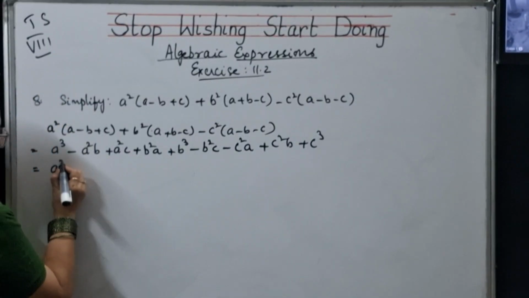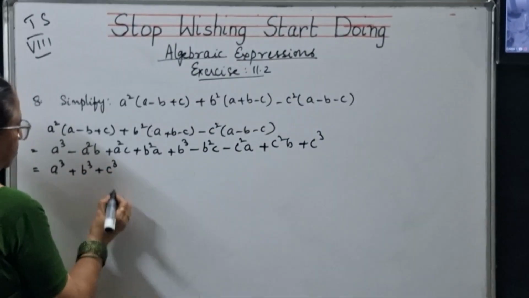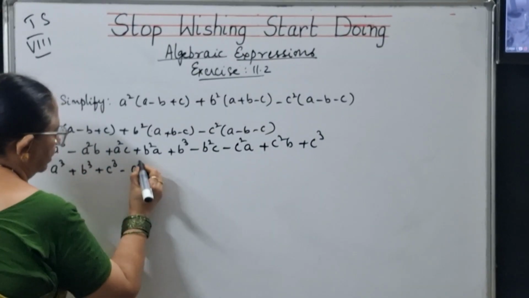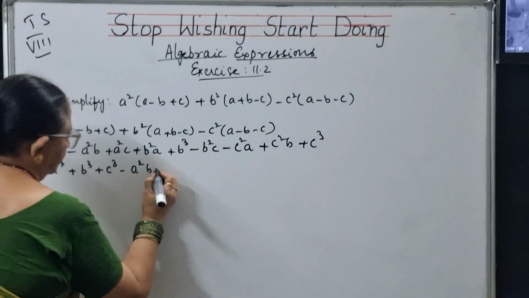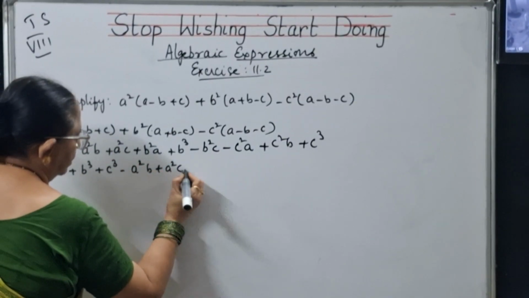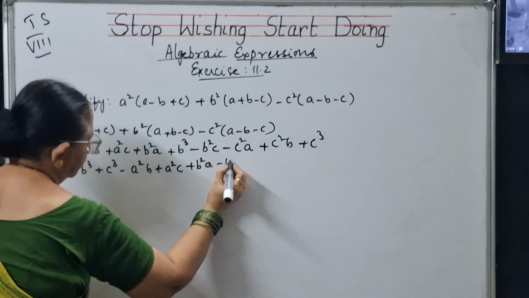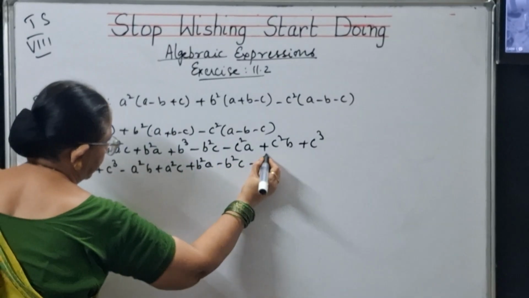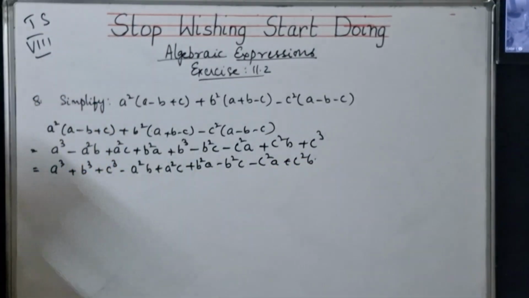That is a cube plus b cube plus c cube minus a square b plus a square c plus b square a minus b square c minus c square a plus c square b.